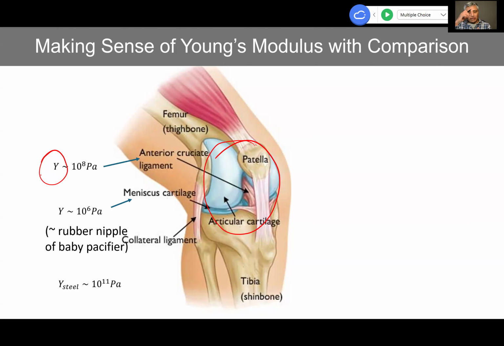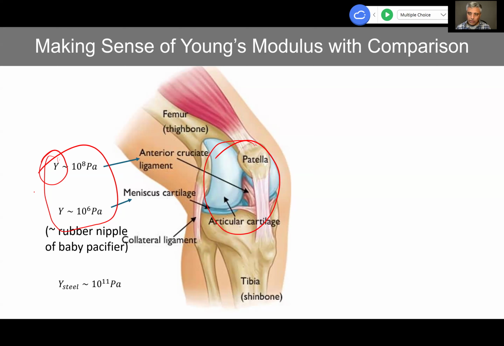You know what material our knee is made up of. And then when we try to manufacture an artificial knee, we want to replace it with an artificial material that has a similar value, the same Young's modulus or elastic modulus.